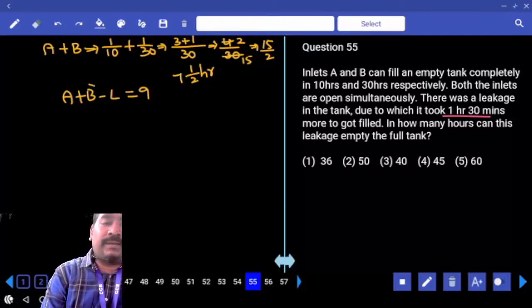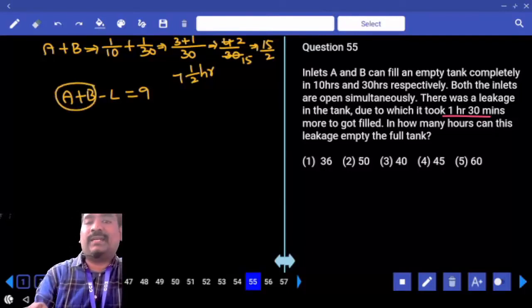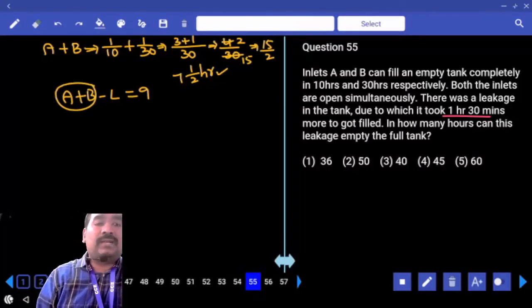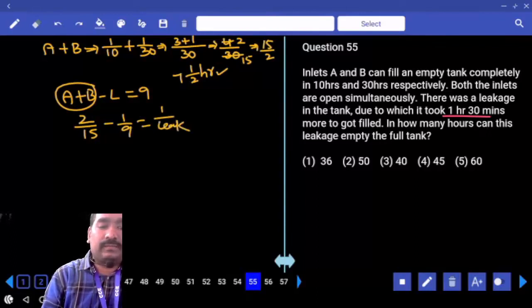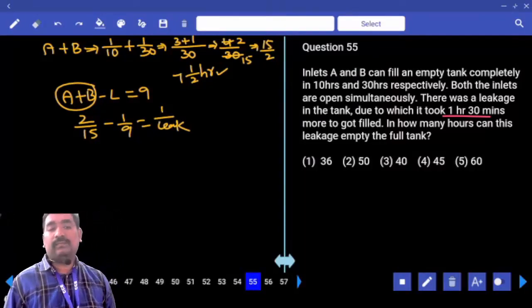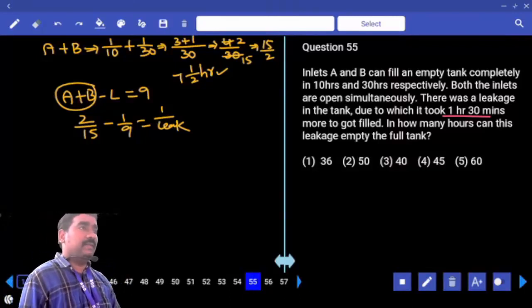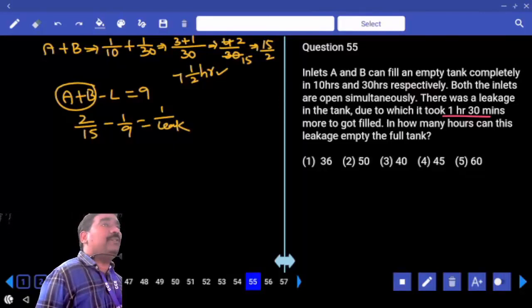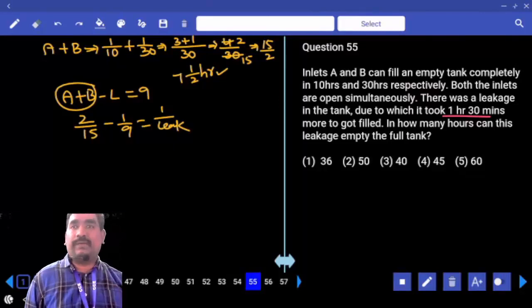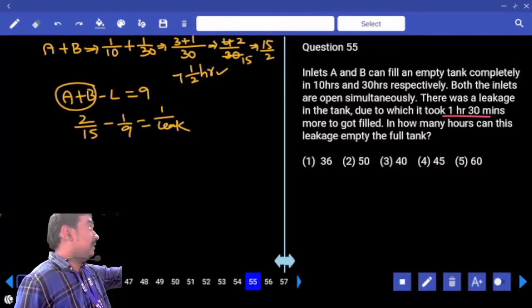Already we know A and B together can fill the tank in 7.5 hours. So 1 hour work is 2 by 15, minus 1 by 9, equal to 1 by leakage. You just find the leakage value. A and B together 1 hour work is 2 by 15. With leakage, 1 hour work is 1 by 9.